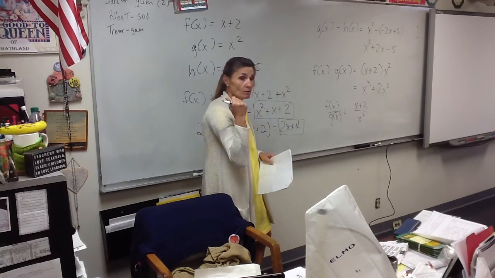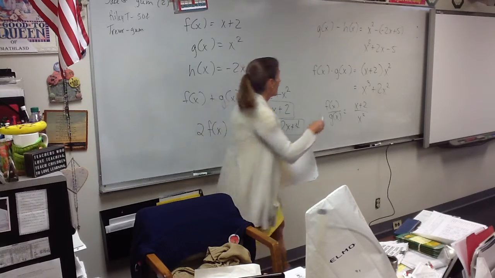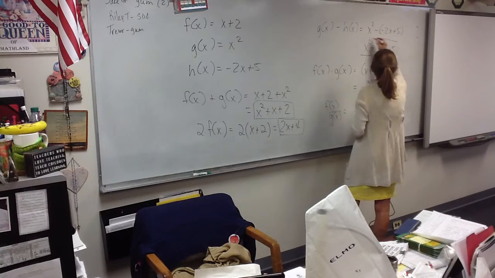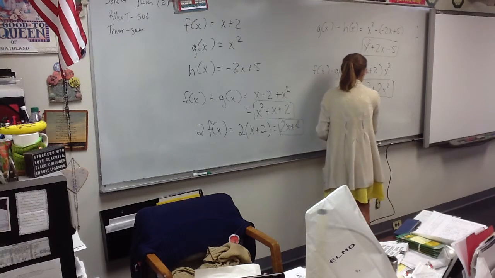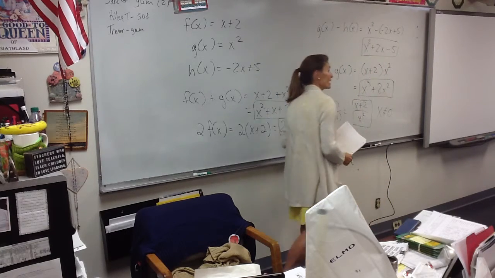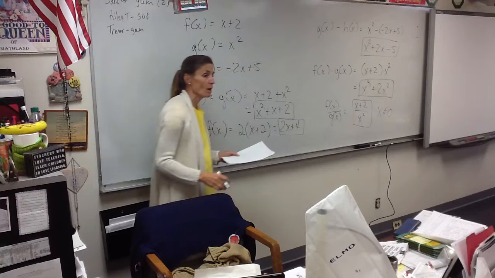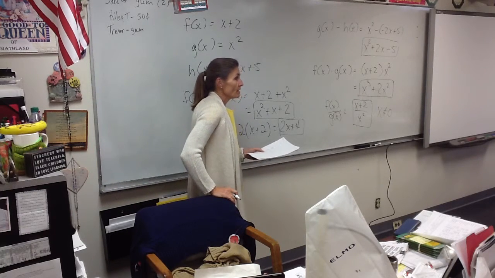No radical, no denominator, no issues. It's all real numbers. How about this one? All real numbers. Yep. How about this one? Oh, x can't be 0. Your domain is x can't be 0 because that one has a denominator. Right?